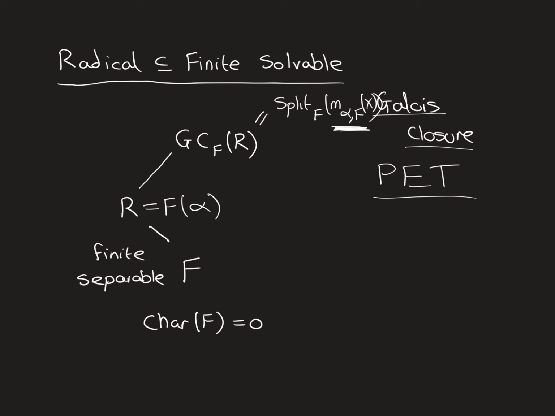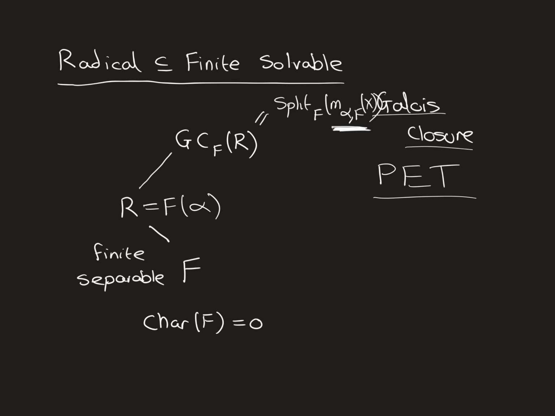It's a minimal polynomial, ergo it's irreducible over F. And because we're in characteristic 0, fields are perfect, and therefore all irreducible polynomials are separable, so that's a separable polynomial.